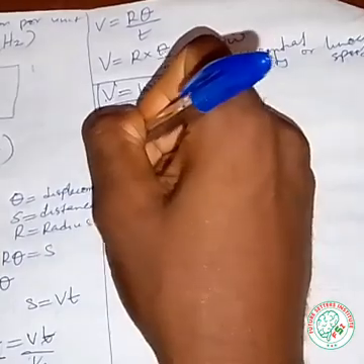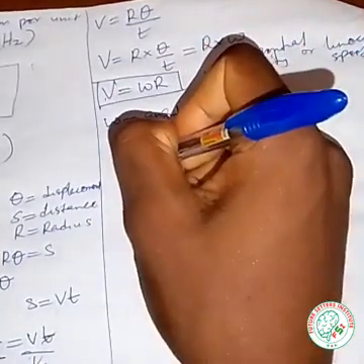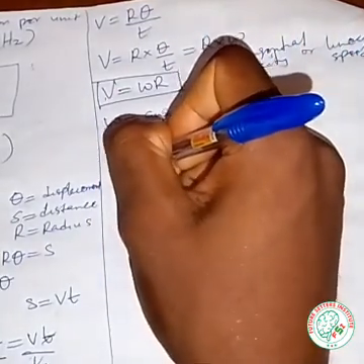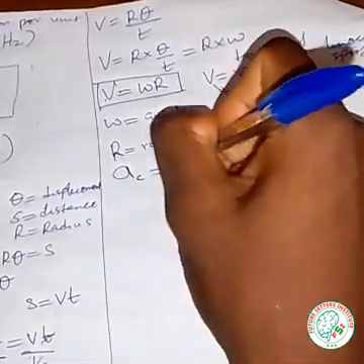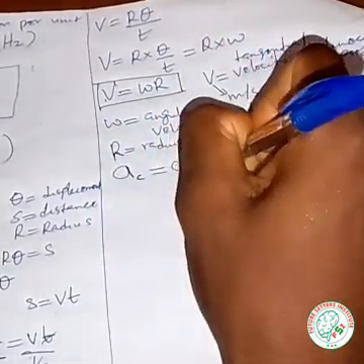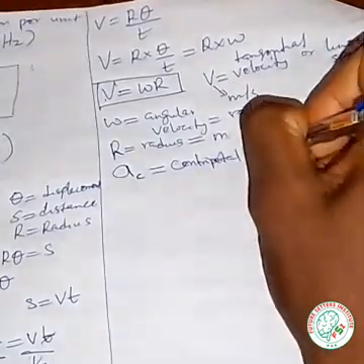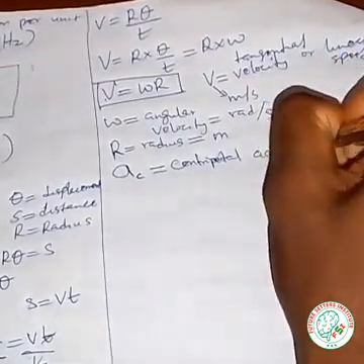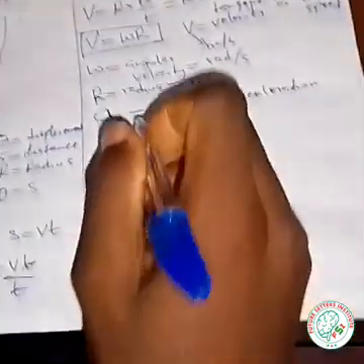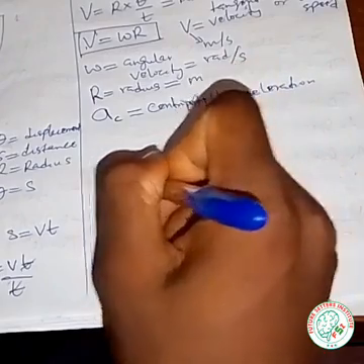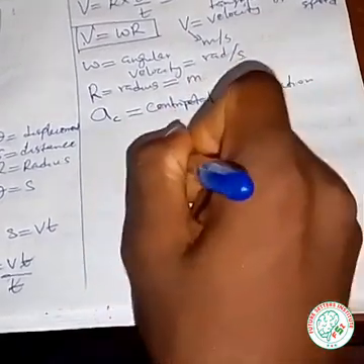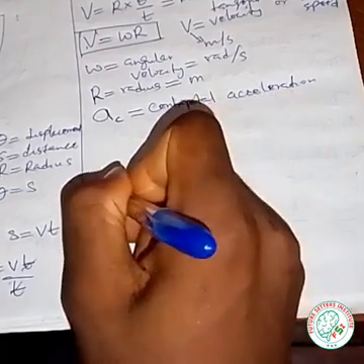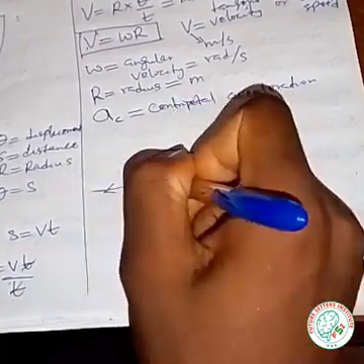Now another thing I'm going to say is that if V equals omega r, we can also talk about what we call centripetal acceleration. Before I talk about centripetal acceleration, I'm going to state something very clear. When you're talking about circular motion, let's say this is a circle, there are two forces that act on a body moving in a circular path.